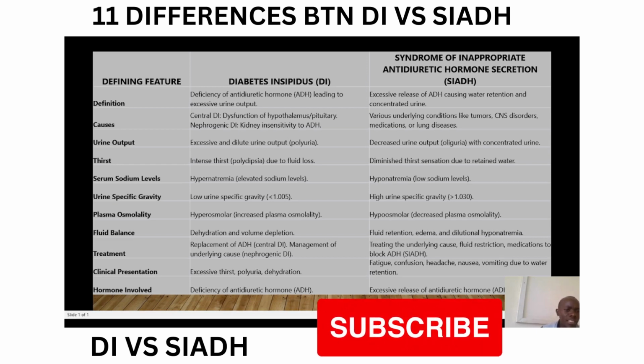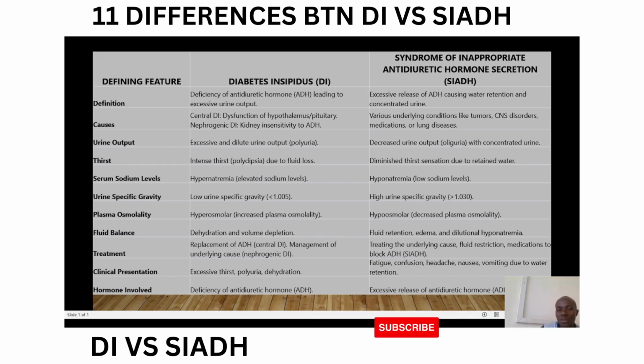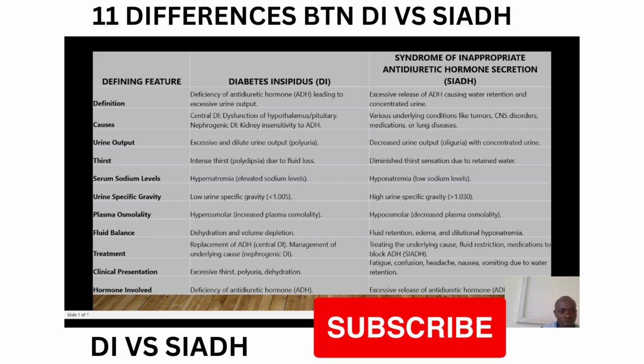Let's look at the difference in terms of treatment approach. Remember, the cause of diabetes insipidus is that we don't have ADH, or ADH is there but the kidney is not responding to it. So what is the treatment? We replace it with ADH if it is central diabetes insipidus.